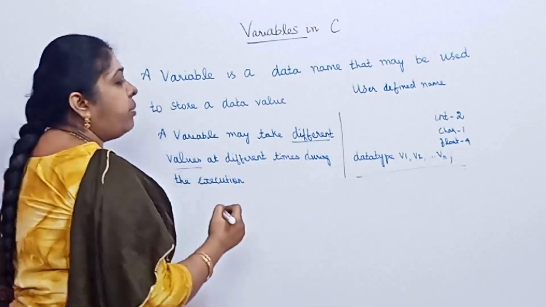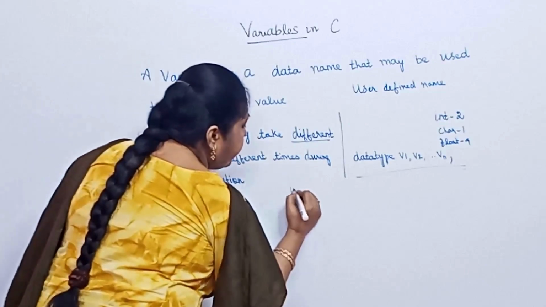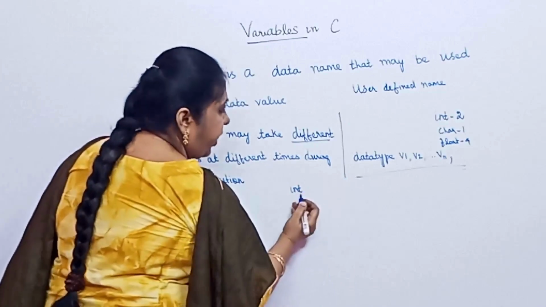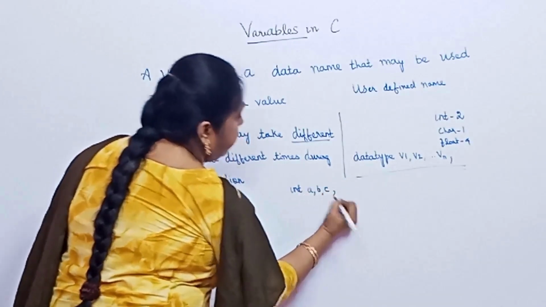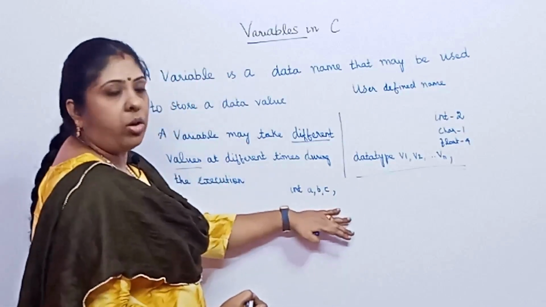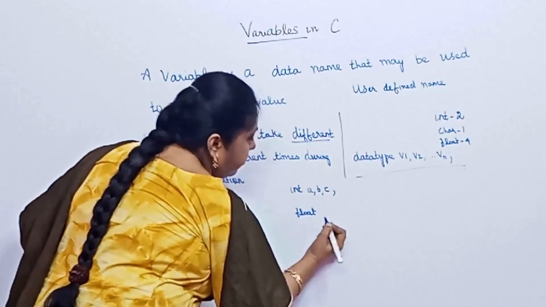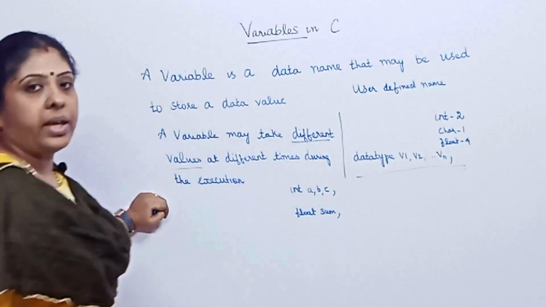The data type is a keyword, and it can be written as integer, character or anything. In the same syntax we can write integer a, b, c ending with a semicolon, and then float sum.